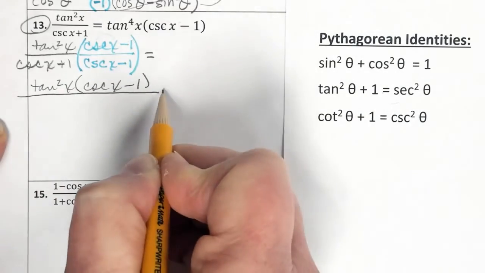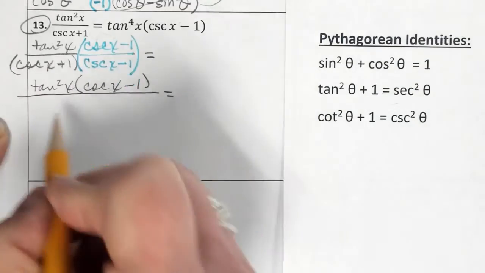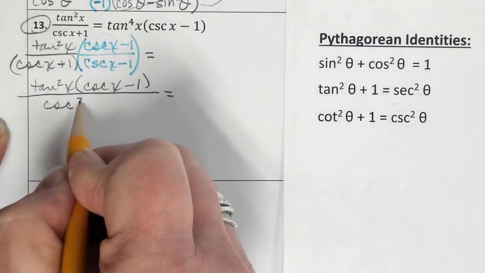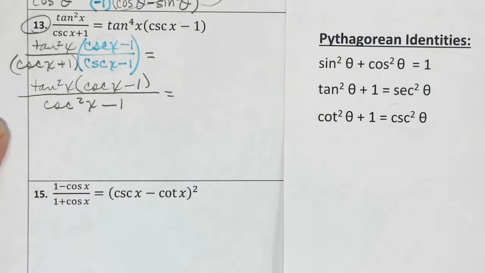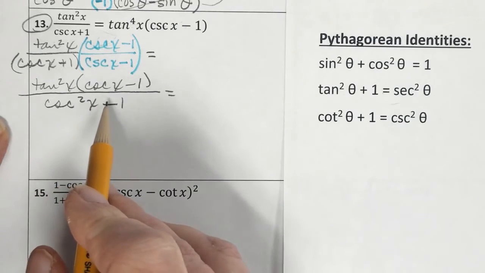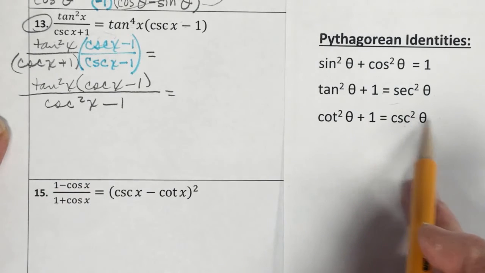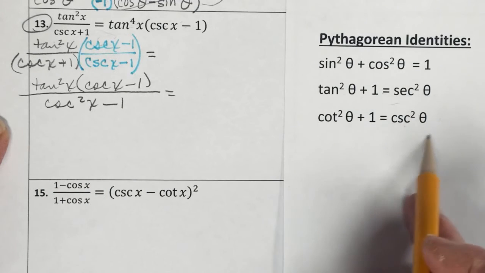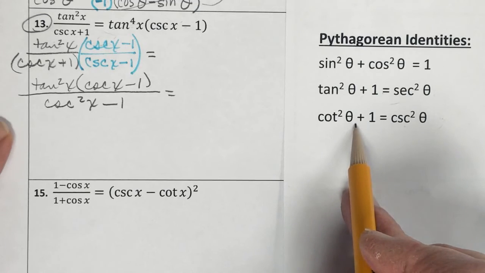Now my denominator, however, I am going to distribute, FOIL that, and I see that I get cosecant x squared minus 1. And I know that cosecant squared x minus 1, remember, over here, if you bring that 1 over, is equal to cotangent squared.